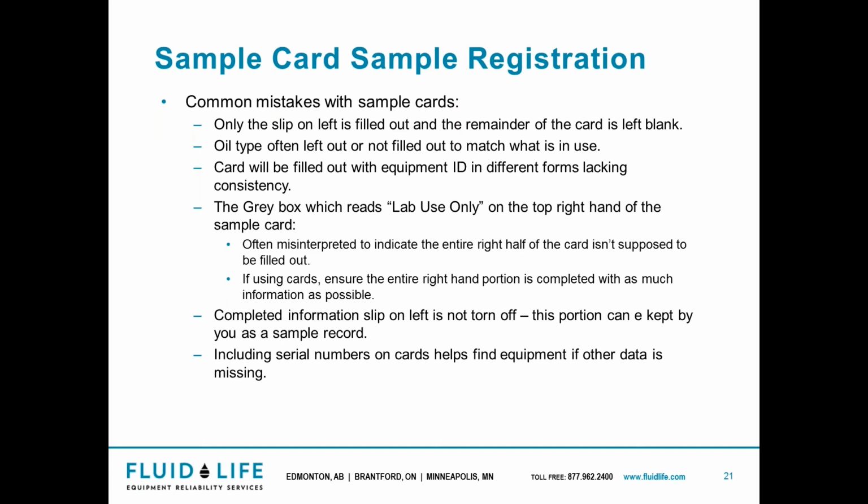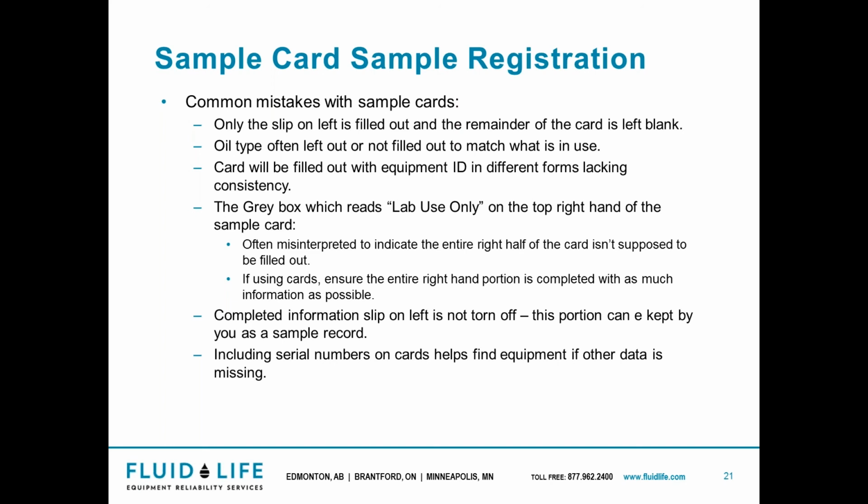The card will also be filled out with equipment ID in different forms, lacking consistency. What I mean by that is some customers will have different technicians doing the sampling. One technician might write it down as the LSD location. Another technician might name the brand name of a piece of equipment or the type of equipment.